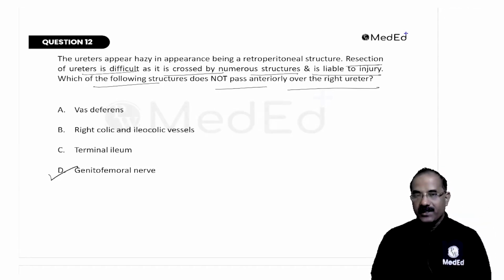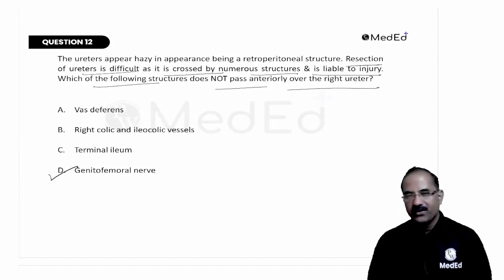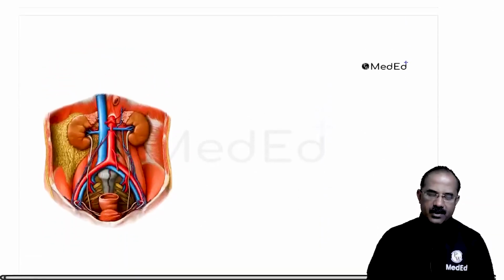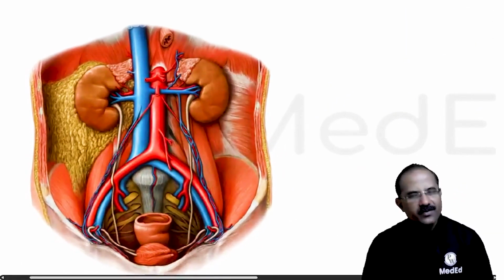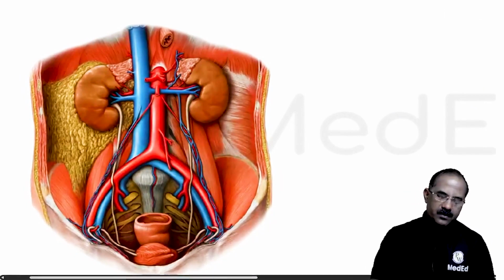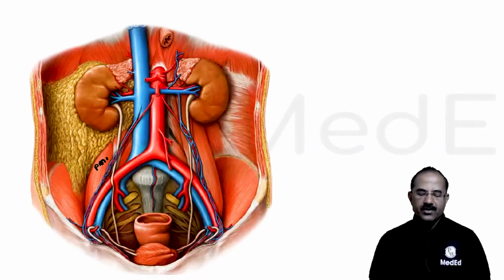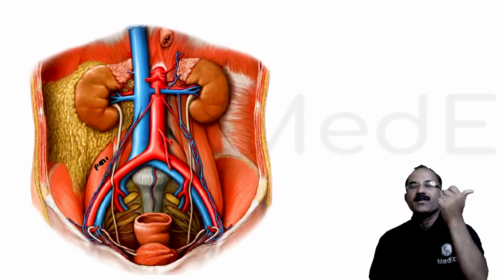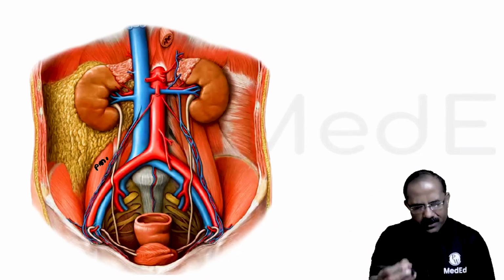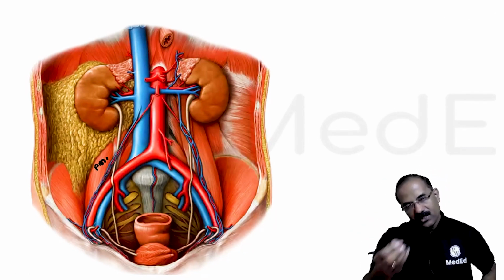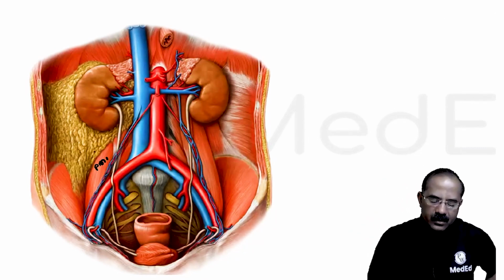So what will be the posterior relations of the ureter? One is the genitofemoral nerve, the other is the psoas major. Look at that, that's beautiful. So what is this muscle? This is the psoas major, and what lies on the psoas major? The genitofemoral nerve. And what is this structure?